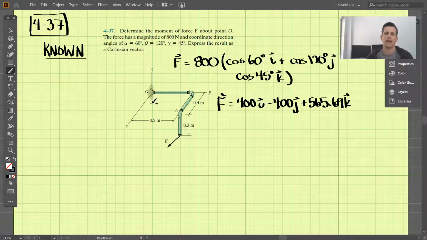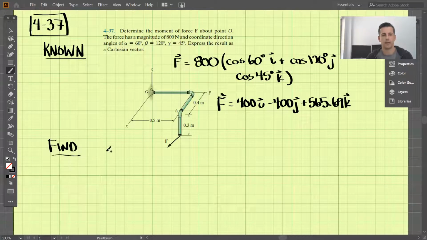When we move to 3D, we really have to use the cross product version of the moment. So what we're trying to find here is the moment about O, and this is a vector even. So I'll just write vector here.